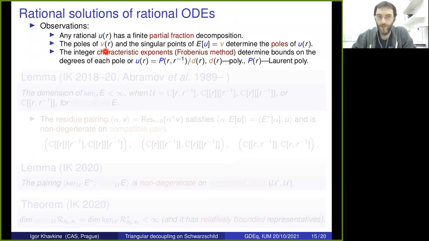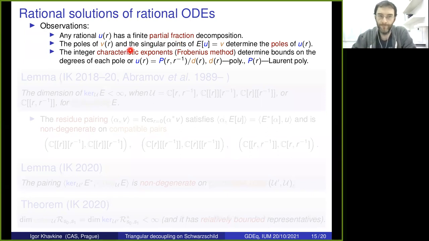Okay, so what is the main observation that allows you to even get close to analyzing the kernel and co-kernel of a rational ODE? Well, if we're looking at a rational function, it has a kind of canonical form in terms of partial fractions, and has a finite partial fraction decomposition, and each term in the partial fraction has a particular pole location, and so on.